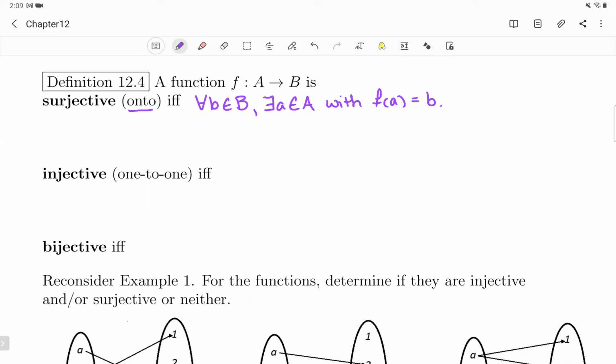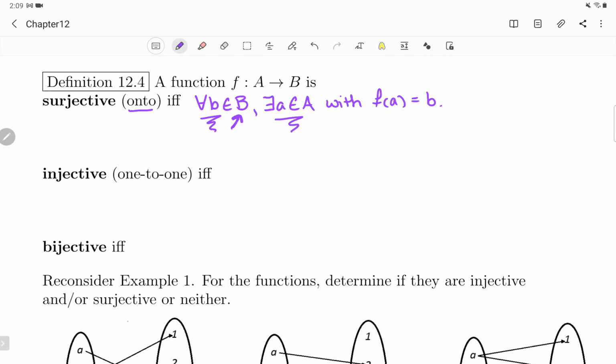In common sense words, what is that saying? Well, B is my codomain, right? So I'm saying take anything from the codomain, there's something that gets sent to it.